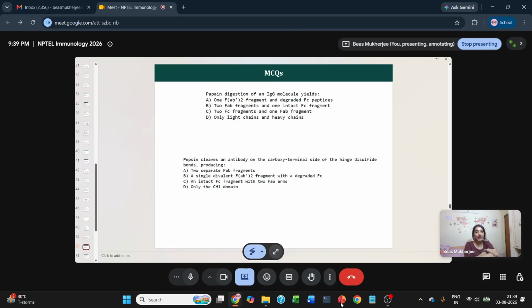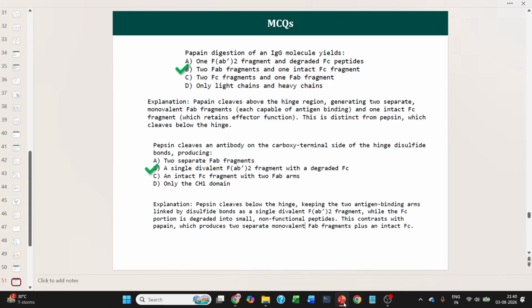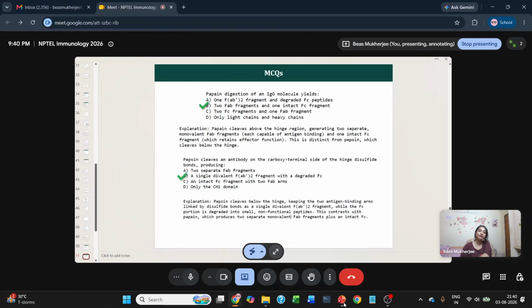Pepsin cleaves an antibody on the carboxy terminal side of the hinge disulfide bonds, producing: two separate Fab fragments; one single divalent F(ab')2 fragment and degraded Fc; one intact Fc fragment with two Fab arms; only the CH1 domain. So the answer would be B for both.